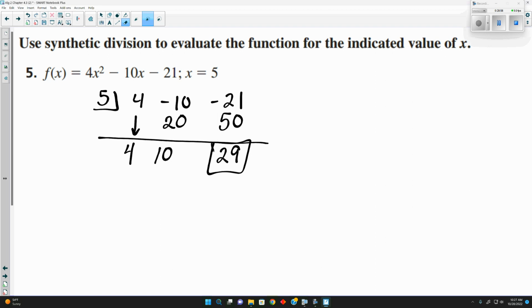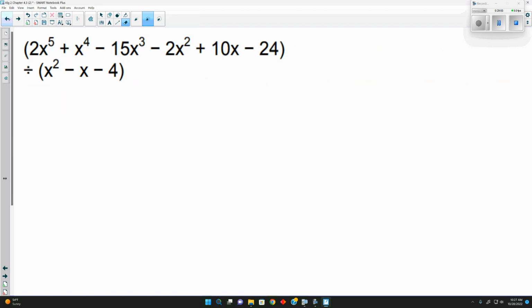Okay, I'm going to go back a few. This one here is different because if you notice what we're dividing by, this here is x squared minus x minus 4.